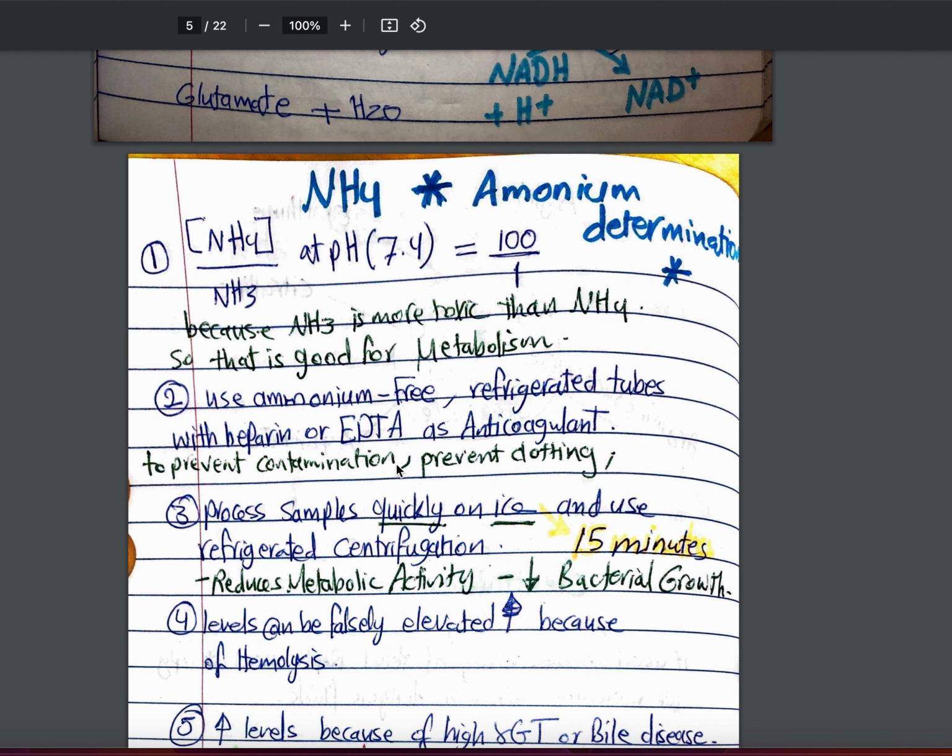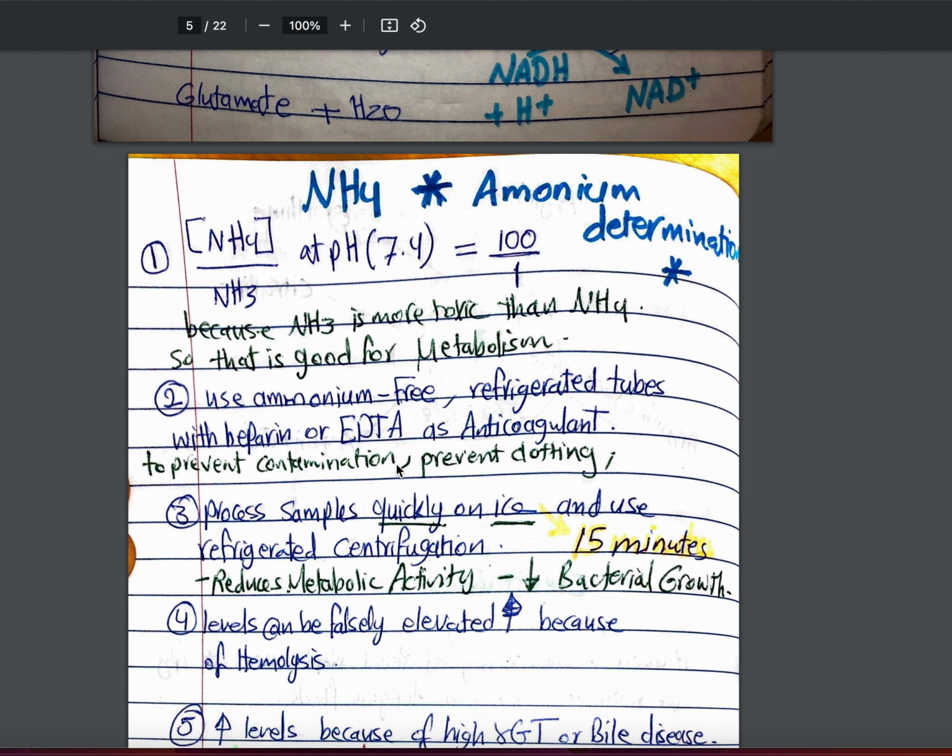So here we put it in tubes that are refrigerated and that contain heparin. Heparin also acts as an anticoagulant, and EDTA also acts as an anticoagulant, because we don't want any contamination or any clotting in our sample.